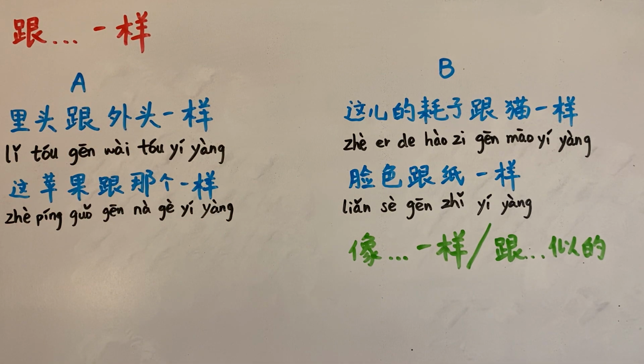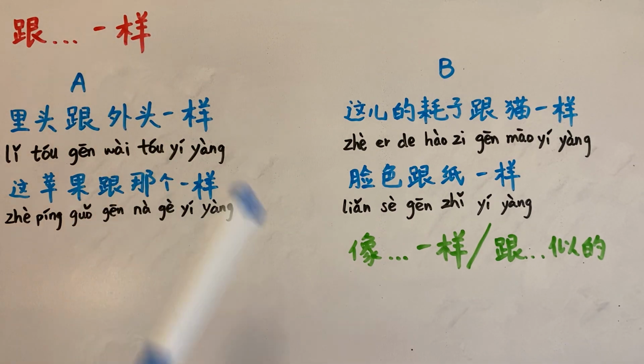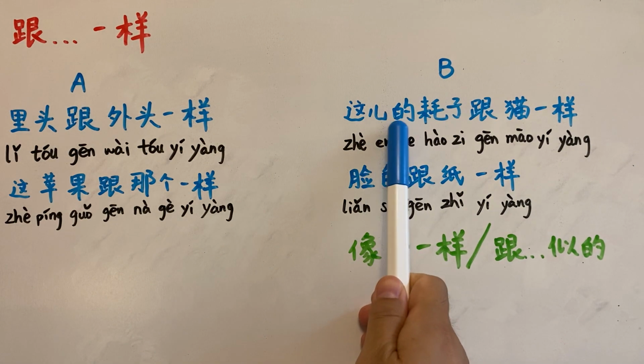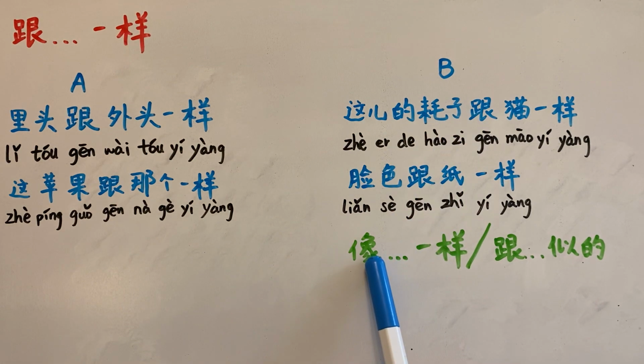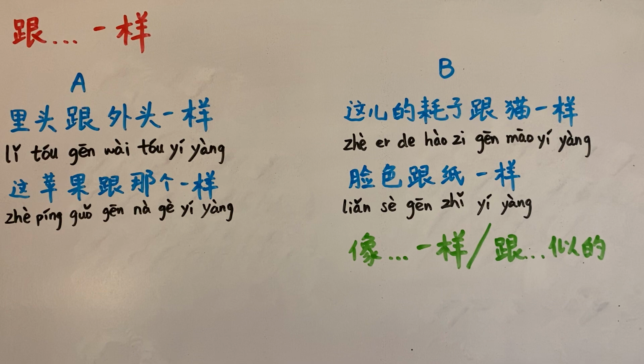you can change this 跟一样 to 像一样 or 跟什么什么似的, right? These two are the variations of this sentence pattern 跟一样. So these two sentences can be changed into 这儿的耗子像猫一样.